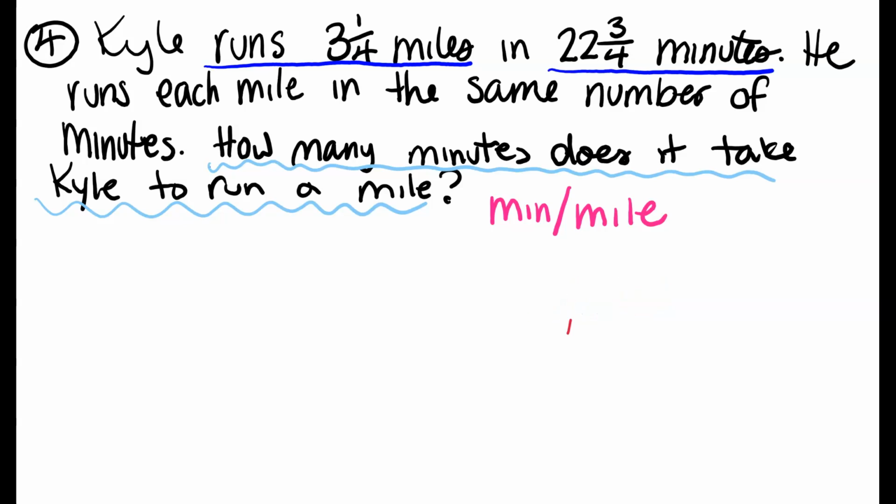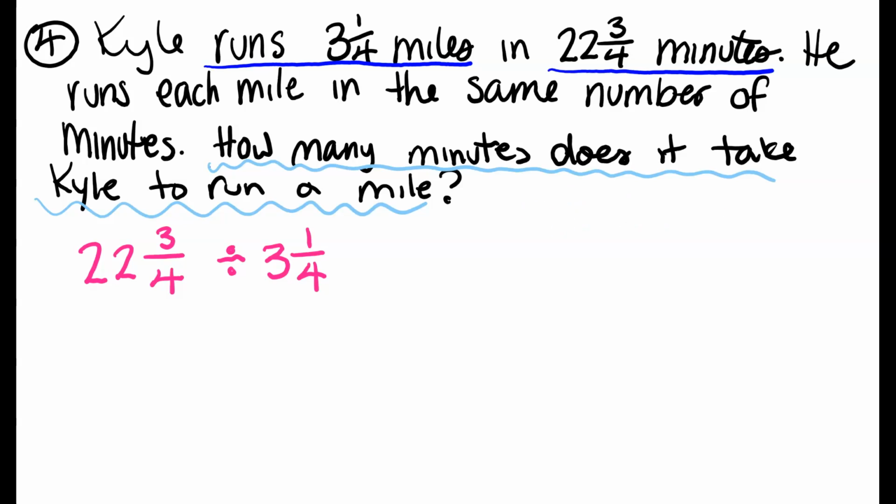And if I'm keeping it as minutes per mile, that means my first number is going to have to be in minutes. So 22 3/4 goes first, divided by the miles, 3 1/4, to find out how many minutes he will run in 1 mile.